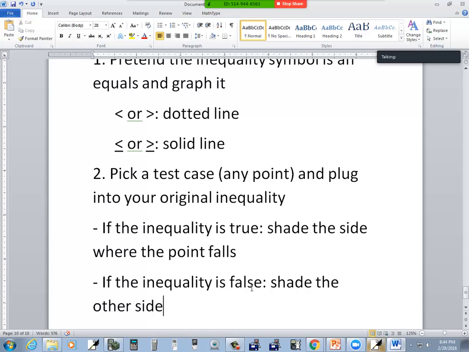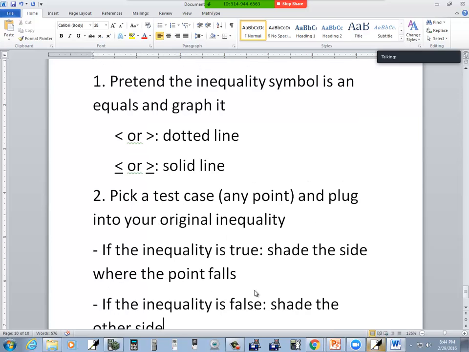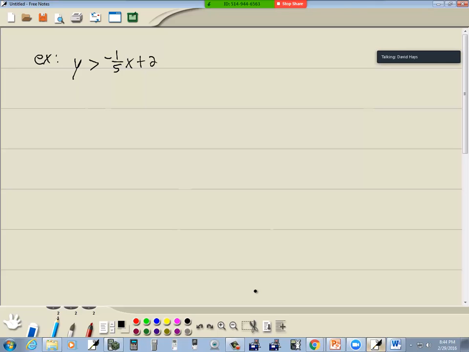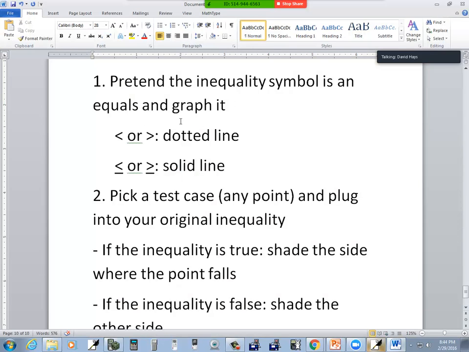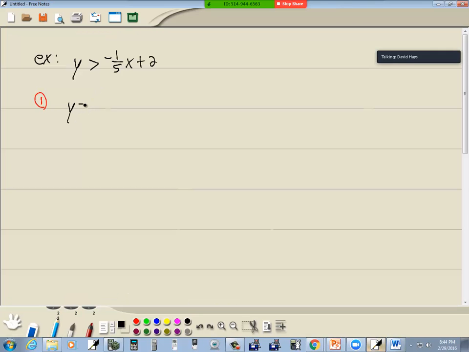Okay, let's take a look at this problem. Now we said step 1, we want to pretend the inequality symbol is an equals and graph it. So you pretend your problem looks like this: y is equal to negative 1/5 x plus 2.